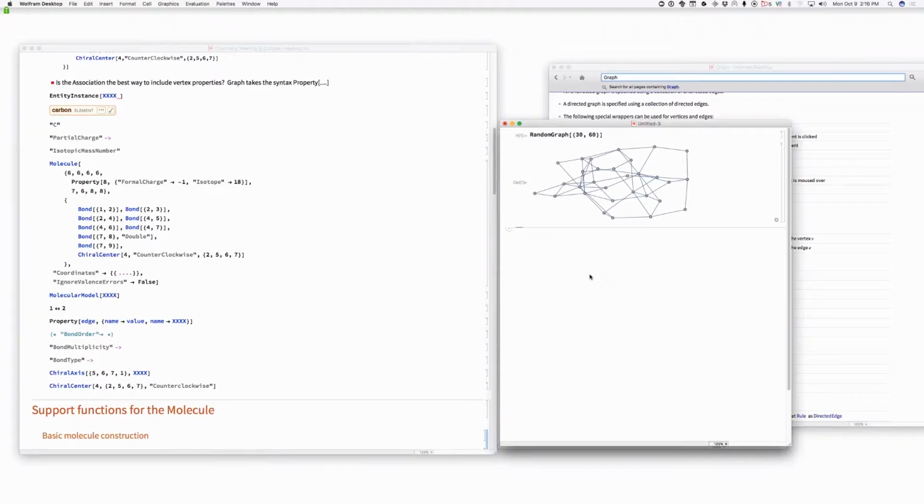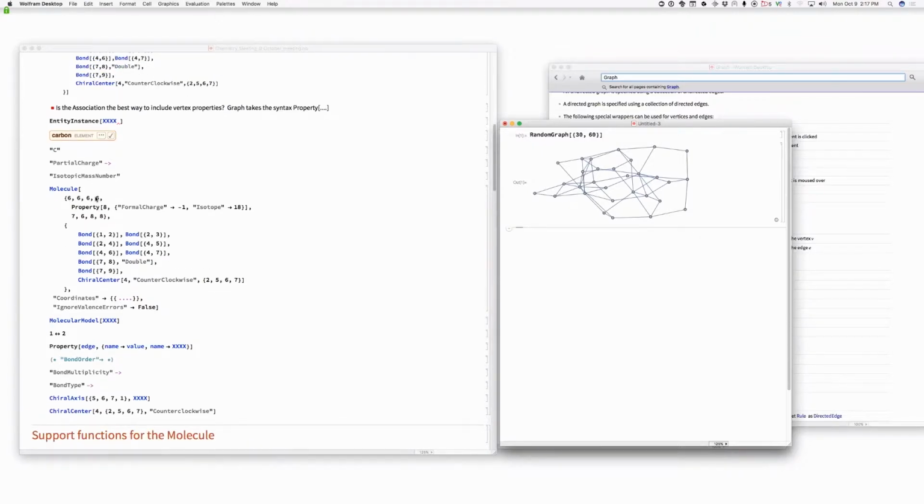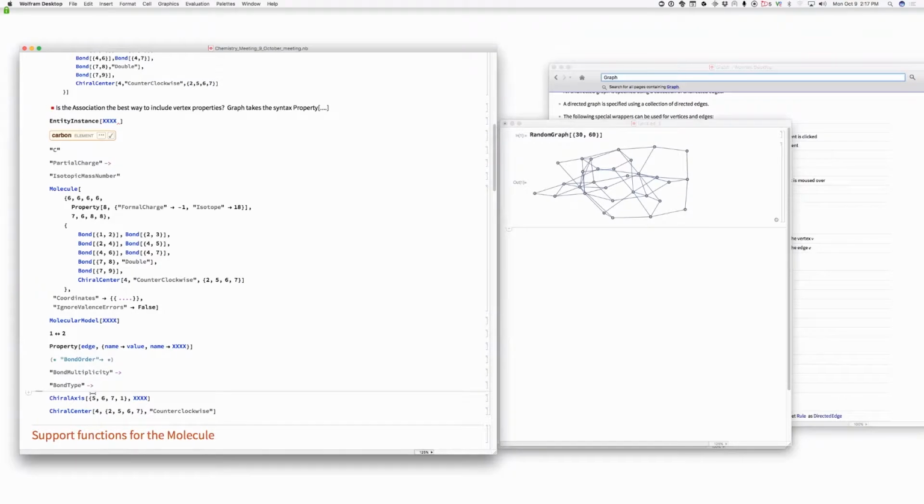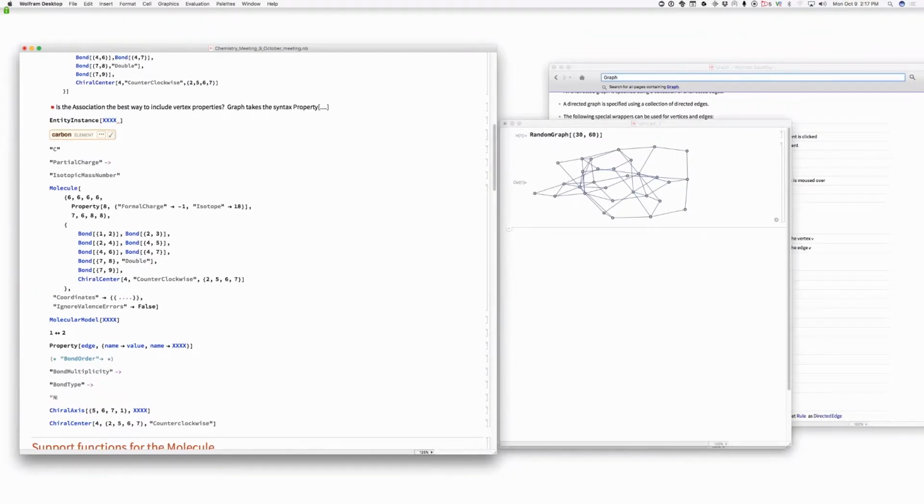What we can imagine is that the association or the entity instance could have a name associated along with these other things, though not with bonds. We could have two alternatives.